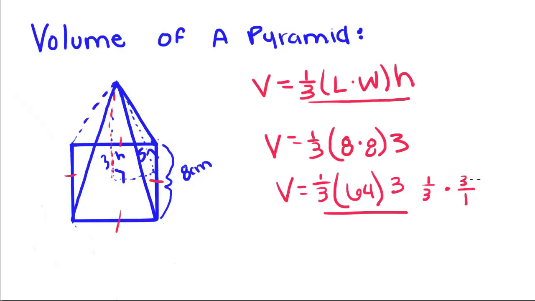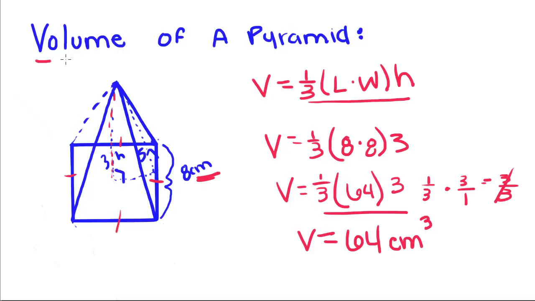So this 3 is like a 3/1, and if we multiply across, we'd get 3/3, which is just 1. So our volume is equal to 64, and we're in centimeters, so centimeters cubed. Remember, volume is always written in cubic units.